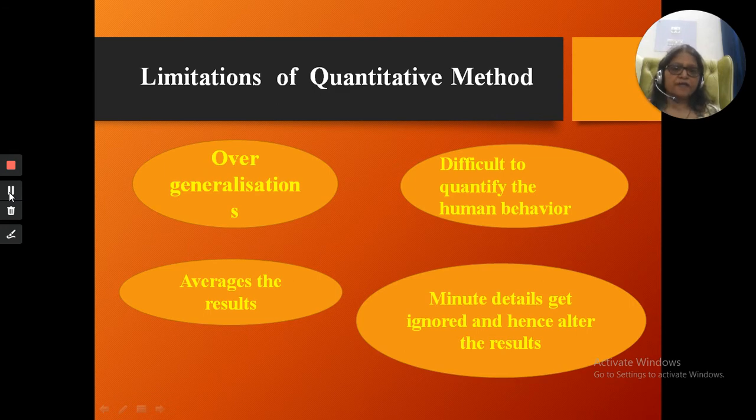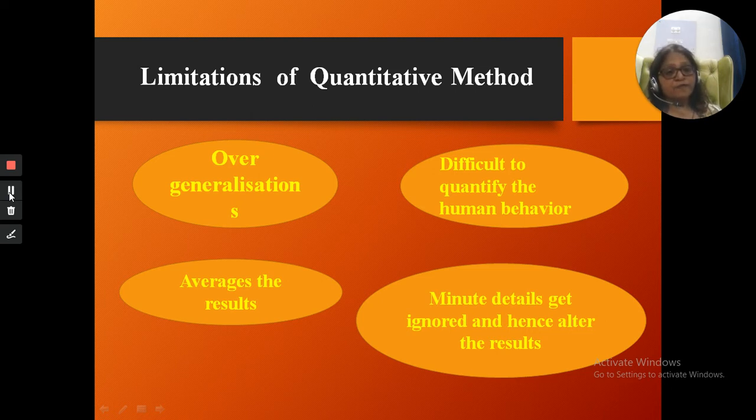Now, if we look at the limitations of quantitative method, we find it is overgeneralized. Why is it overgeneralized? There is a reason. In social sciences research, most of the research is done on human behaviors, human patterns, social groups, wherever human beings are involved.